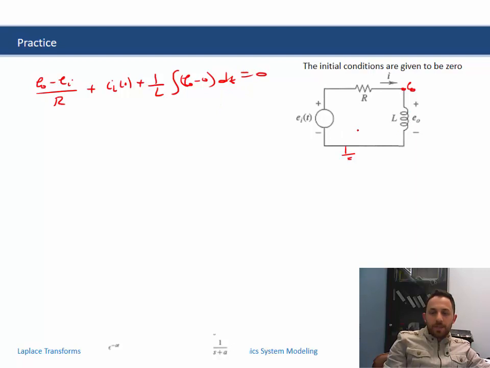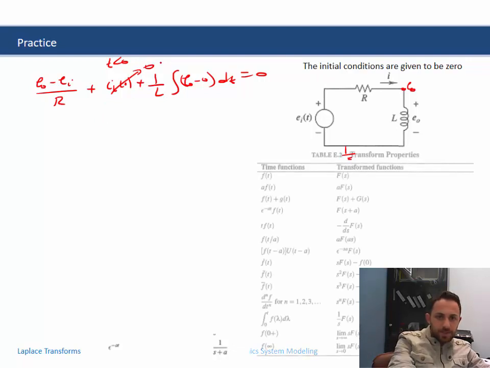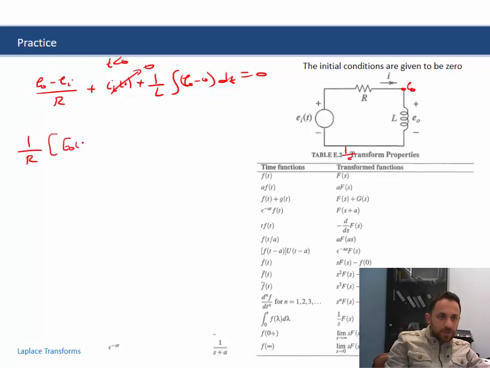Okay. So now we can obtain directly the Laplace transform of this equation, given that the initial conditions are equal to 0, so there is no excitation current at t less than 0. So this is equal to 0. Great. So the Laplace transform of this is equal to 1 over R, E0(s) minus the input.